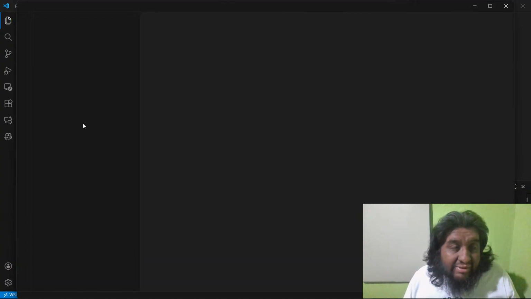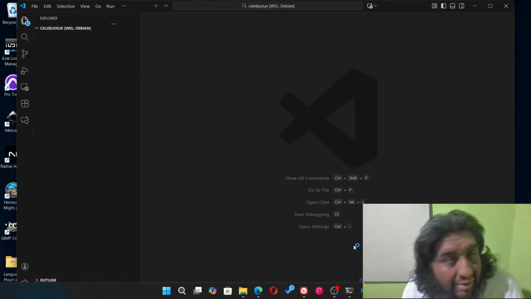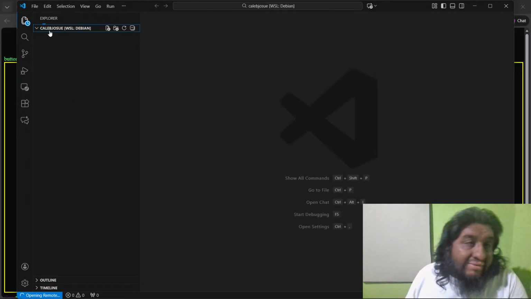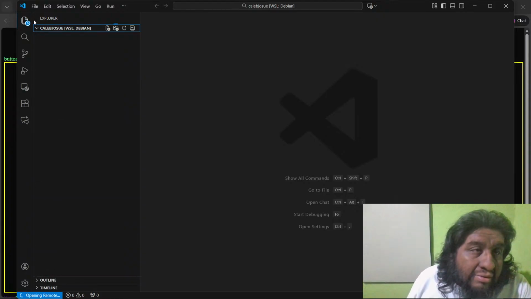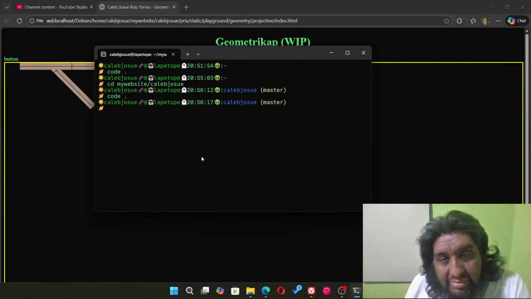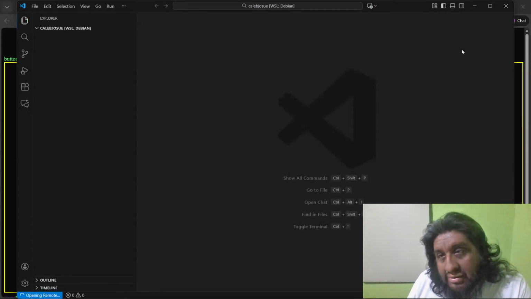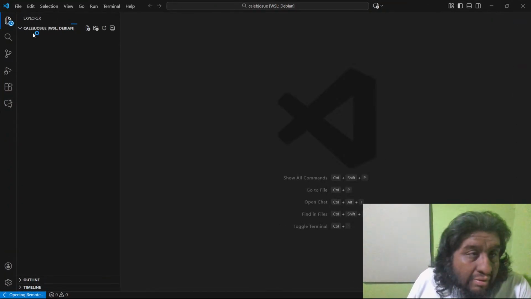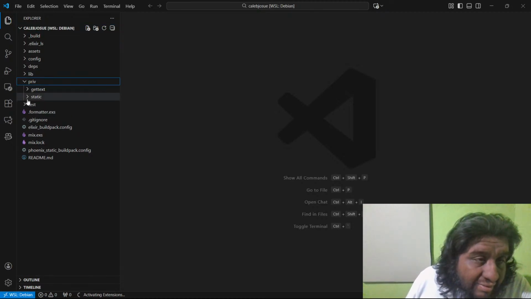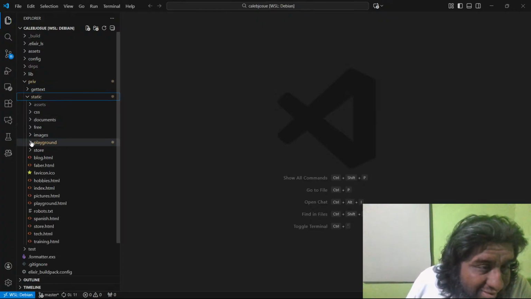Oh my God, I opened another instance. Okay, now this is a mess. I'm going to close folder. Close code. Imagine this. Okay, it's opening the thing. Okay, static. Playground. Of course.